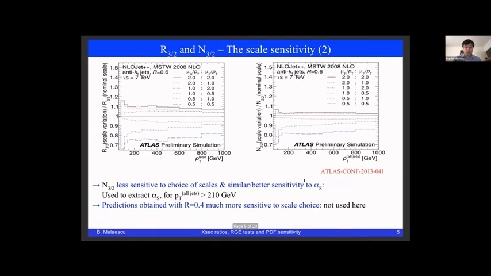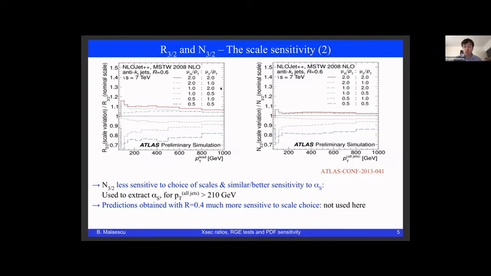Okay, then what you can see here are again the scale dependencies in terms of variations of the renormalization and factorization scale. You see here the standard variations by a factor of 2 with all combinations of variations of the two scales, except the one going in opposite directions, which would yield large logarithms.